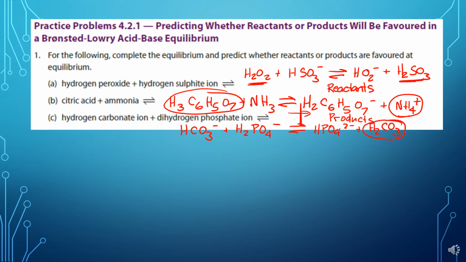Now I'm comparing the carbonic acid and the dihydrogen phosphate ion. And what I'm going to find is that the carbonic acid is stronger, pushing equilibrium that way, and the reactants are favored. So I really encourage you to go through those examples, try to find all of those things on your data table, and make sure that you know what's going on.